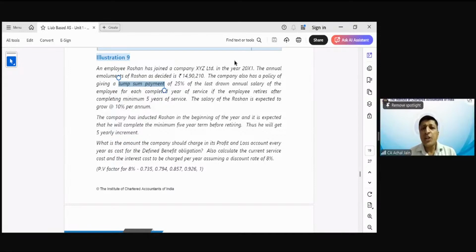Which portion or which type of payment out of these two will you call as post-employment benefit? Or will you call both of them as post-employment benefit? Over to you quickly. Yes. Great.